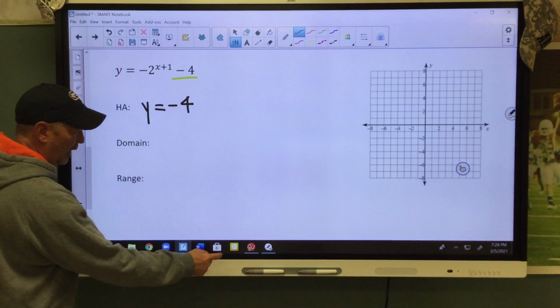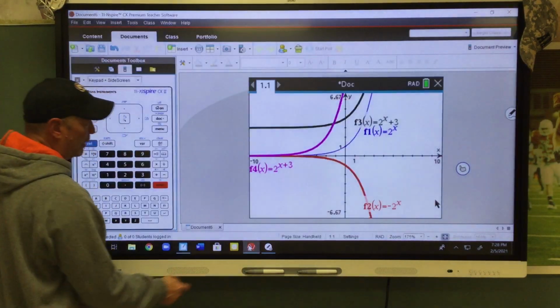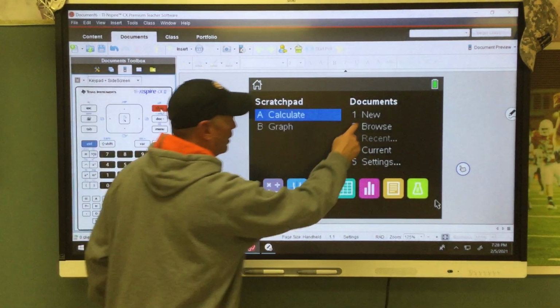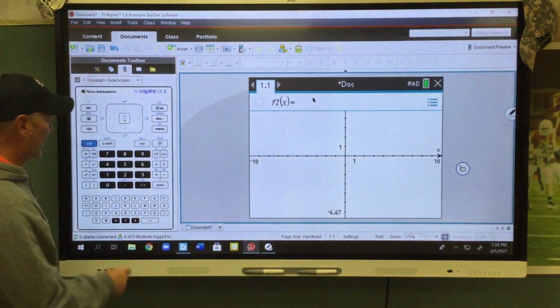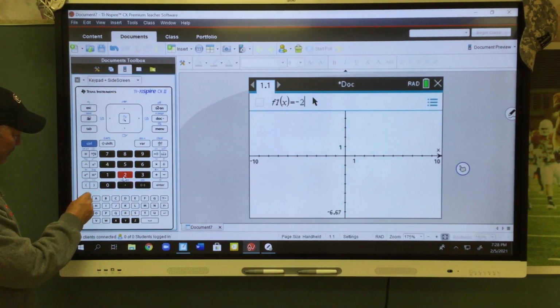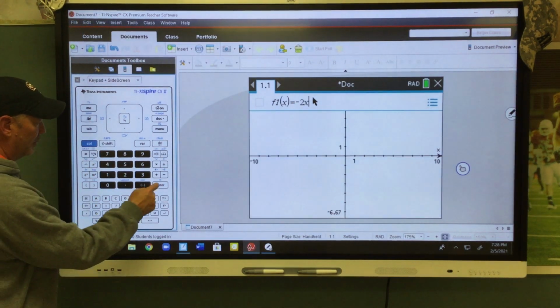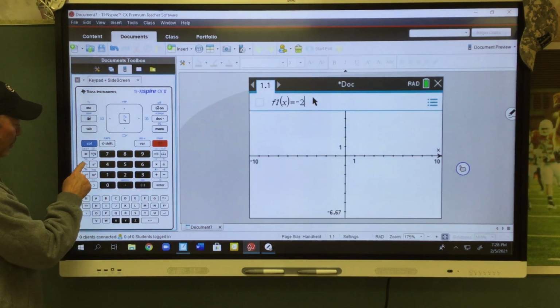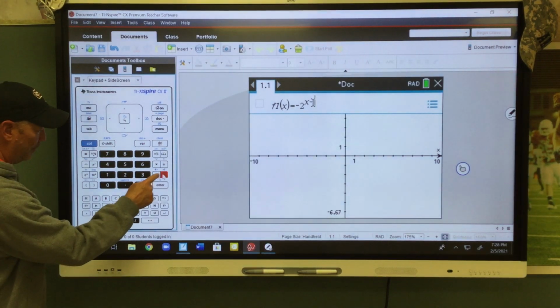All right, so we're going to go back to the calculator, and I have -2^(x+1) - 4. So we're going to get -2 to the x, back up, exponent to the x, +1.